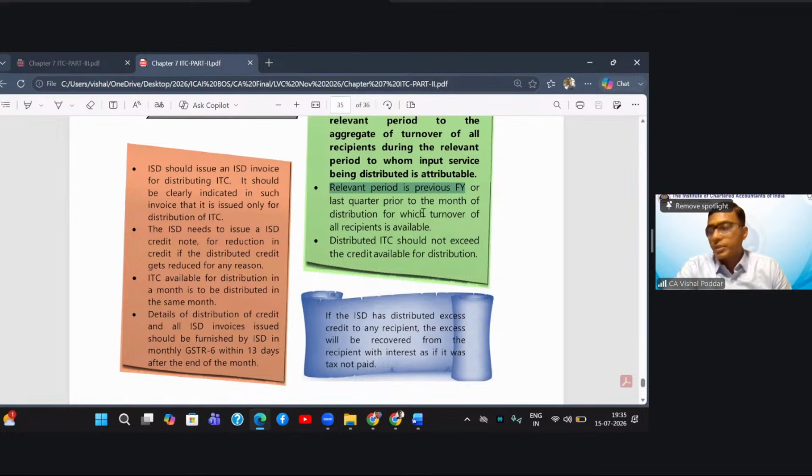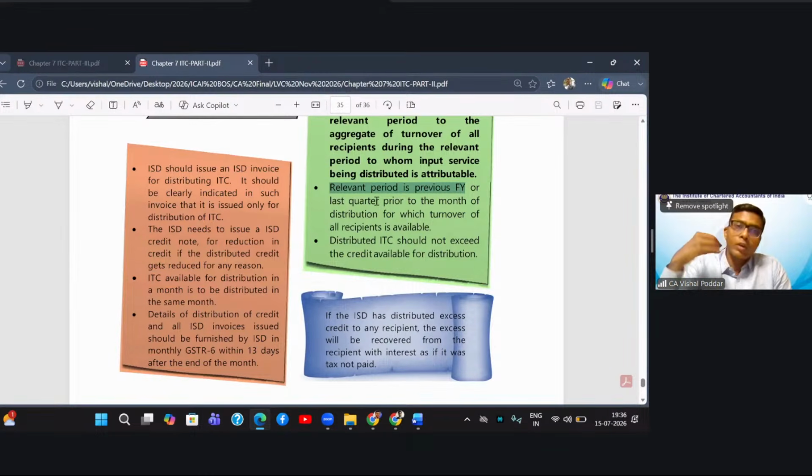Now, in case any of these units was not present in the last financial year, because it is a newly started unit, then I will take the turnover of the last quarter. So what is the last quarter? Now we are in July. So for dividing July month's turnover, I'll take the turnover of April, May, June. So let us say out of 10, 9 units were there in the last year. The 10th unit just started in this year.